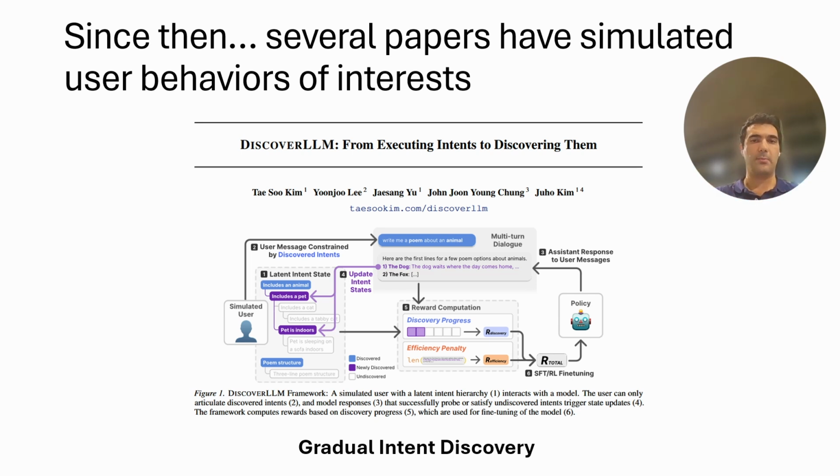So for instance, this great paper from KAIST, Discover LLM, which presents this idea of, okay, maybe users gradually themselves discover their intent, and it's hierarchical, and they built a framework that's more complex than ours on how to simulate that sort of behavior. Like you say, okay, I want a poem that includes an animal, actually I want the pet, or actually I want a cat, right, and you gradually have the user reveal its perspective.